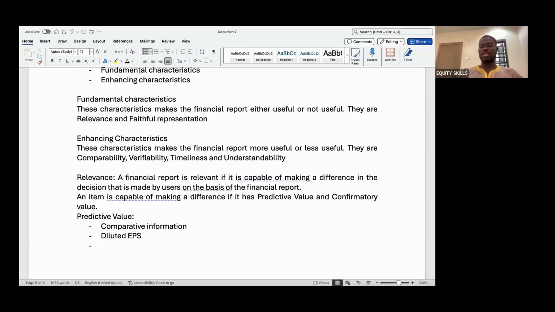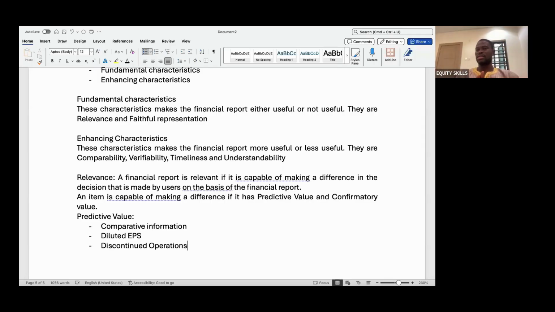Also, when you look at standards like IFRS 5, which I'm still going to teach you, it requires companies to present what we call discontinued operations. They need to present discontinued operations in the sense that if you have a plan to discontinue a component of your entity, a branch of your company, IFRS 5 says that you must present that branch separately. You must separate it from the continuing operations.